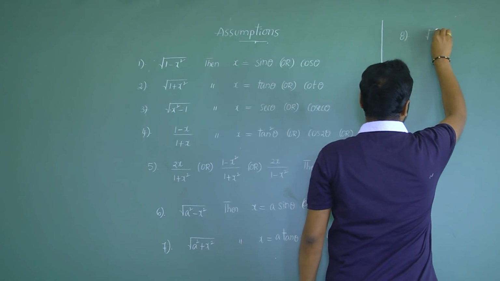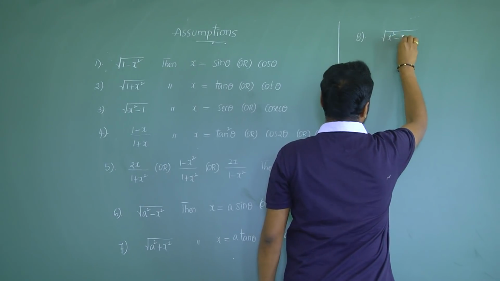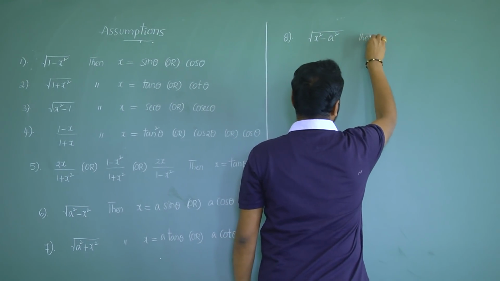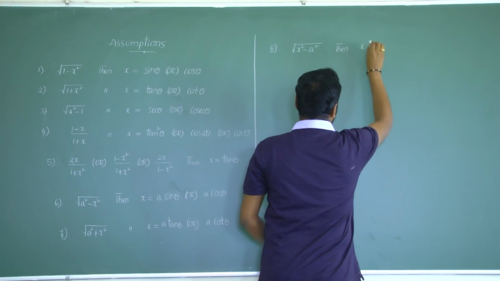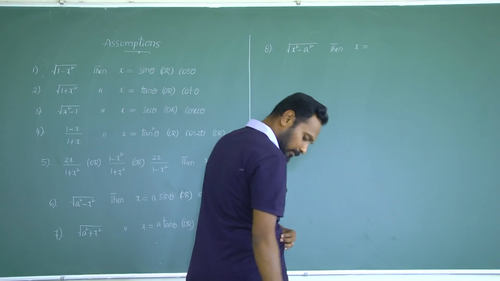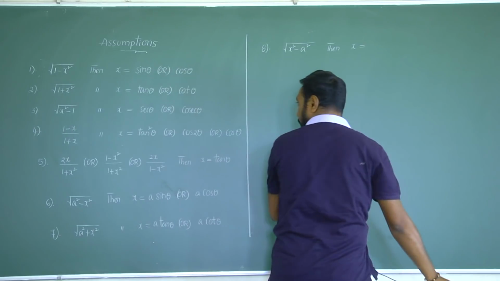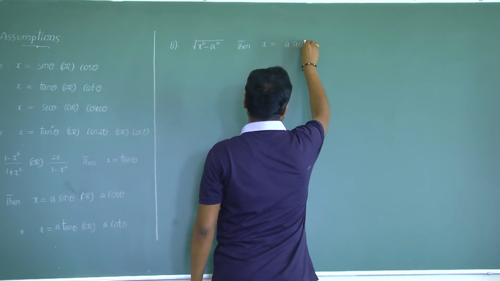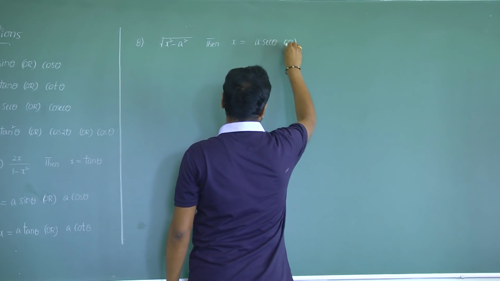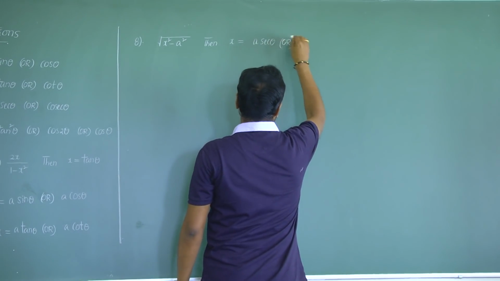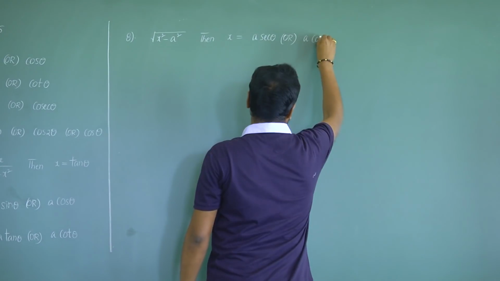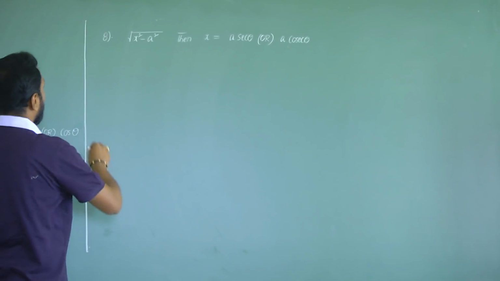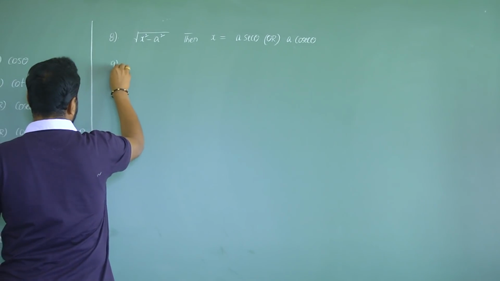Next, eighth one. Root of x square minus a square, if we have, then x equals a secant theta or a cosecant theta I can assume. Ninth one.